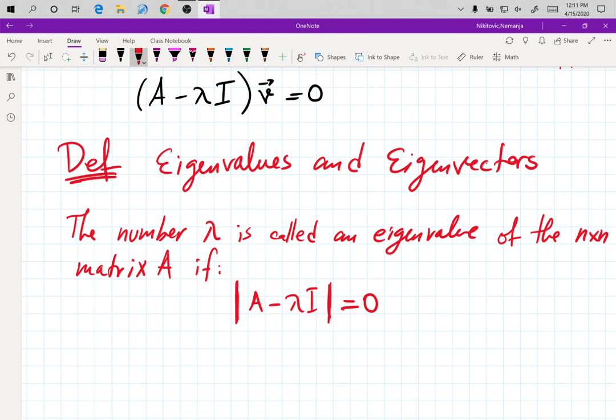Determinant. Guys, in these absolute values, you have a matrix minus matrix. So that's going to create a new matrix. And then when you have these around, that means you have to take the determinant.